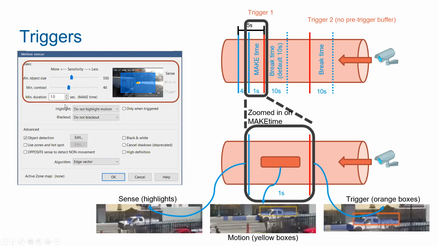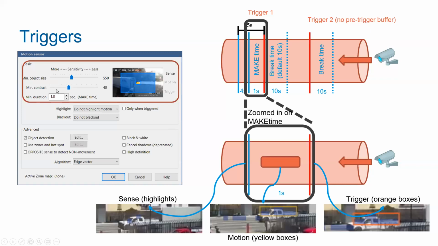Once you understand that, the next component is the object size. For the minimum object size, again, if you go to the left, you're making that object size smaller and smaller, and it shows you in relationship to the scene itself. As I move this left and right, the minimum object size goes up and down. You visually see what's going on here, but you also see it with your highlights.